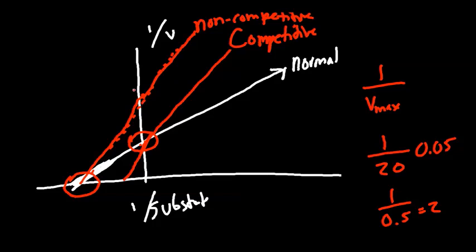So if we have an increased Vmax over here, we're going to have a low velocity. Does that make sense? Since we're taking a reciprocal, we have to take that reciprocal into account. If we have an increased Vmax, we'll have a rate there, and if we have a decreased Vmax, we'll have a rate there.